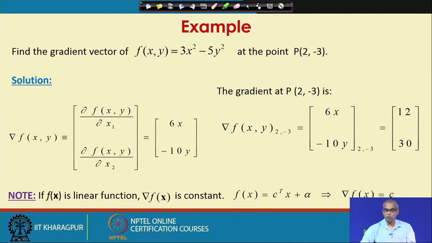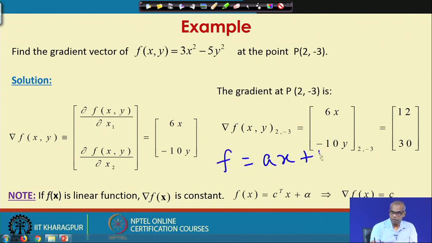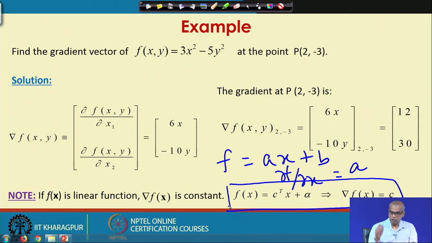If you consider the function f equal to a x plus b and then take del f del x, it is equal to a. Similarly, you can express the linear function as c transpose x plus alpha. So, the gradient vector will be c, a constant.